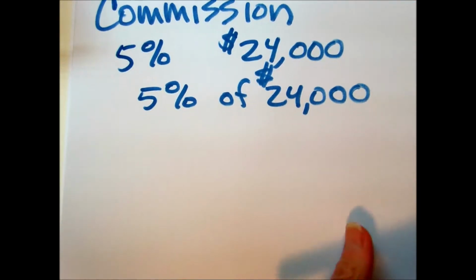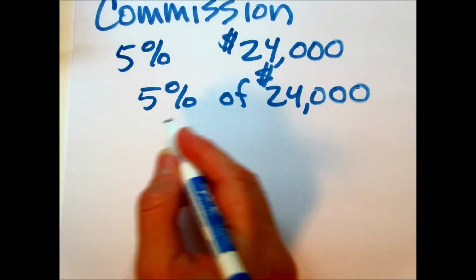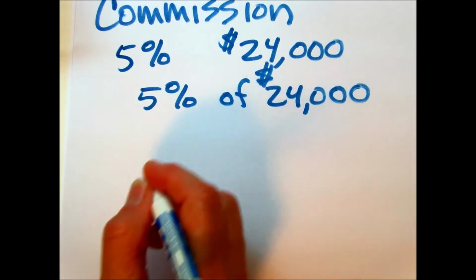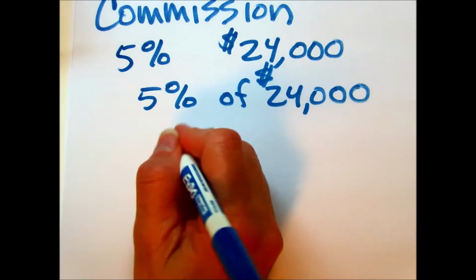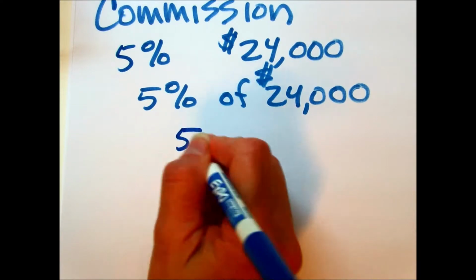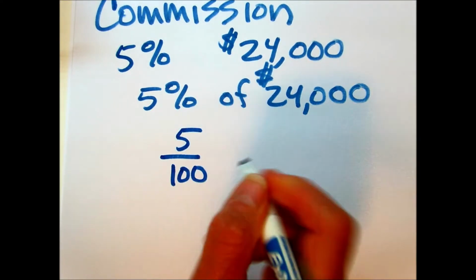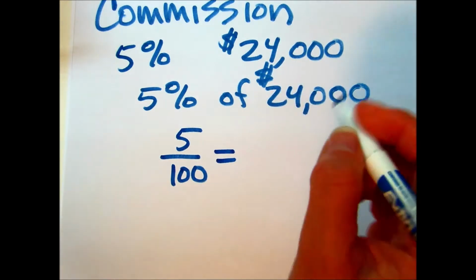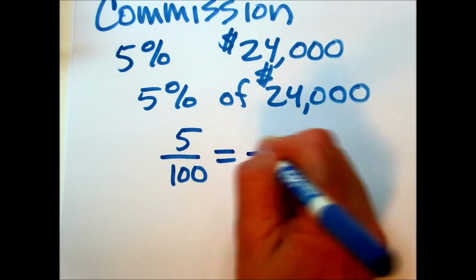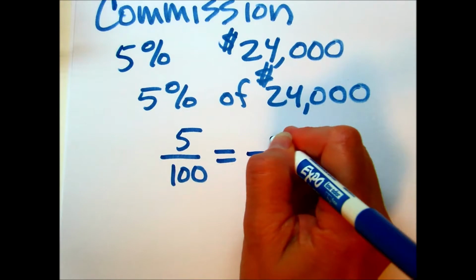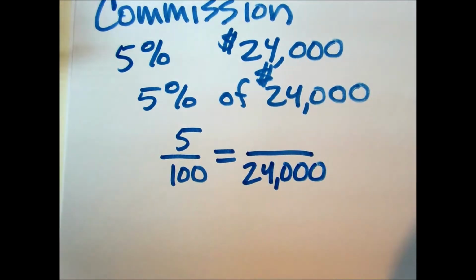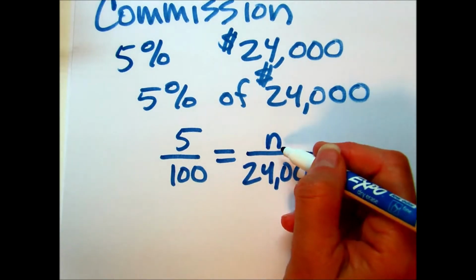So let's set it up as proportions. 5%, that's going to be 5 over 100, and that's going to be proportionate to 24,000 as our total or our whole, and we don't know what the commission is. That's going to be the part, okay?